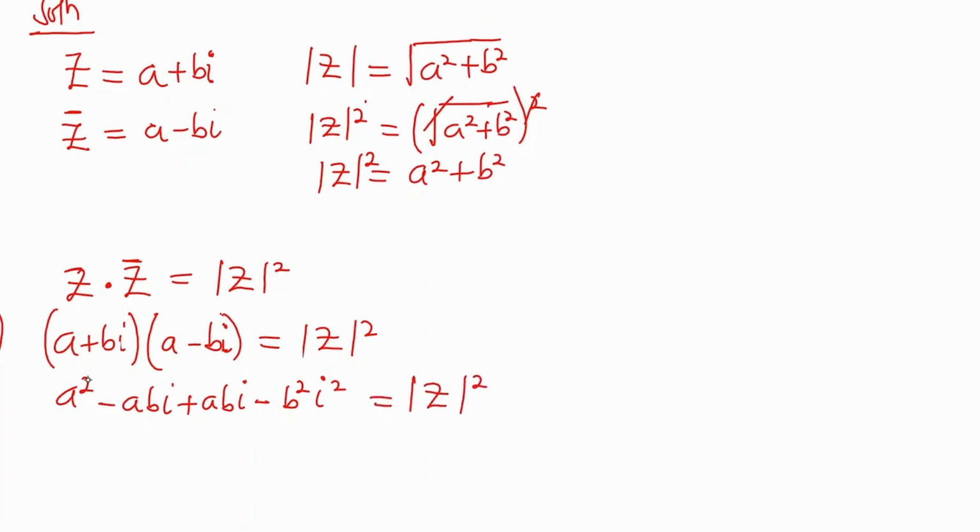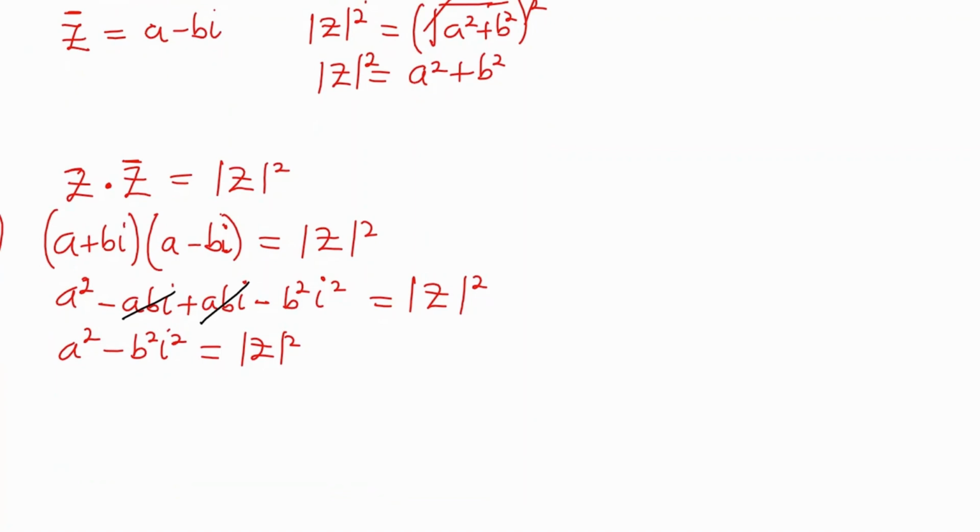So here we can see that the negative abi takes away the positive abi, and we are left with a squared minus b squared i squared, which is equal to the magnitude of z squared.